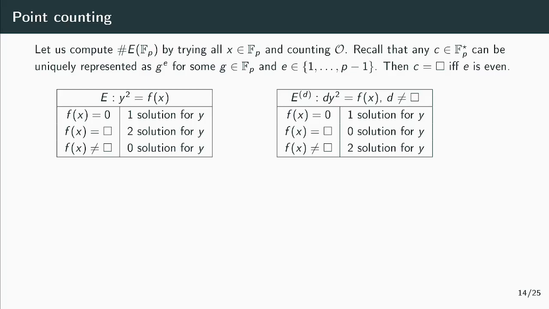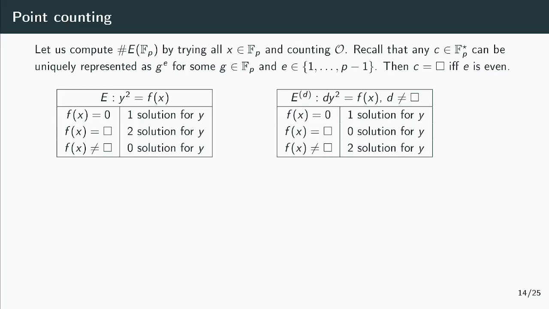You can see that the first case, when f evaluates to 0, remains exactly the same, but the numbers of solutions for the next two cases have now exchanged. This is because d is a non-square, so that d times y squared is also a non-square. Let's sum up the number of solutions in each row now.